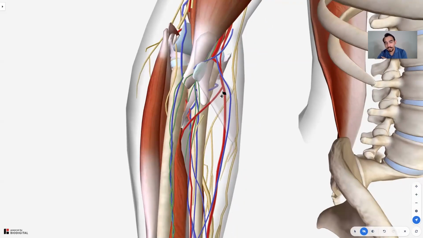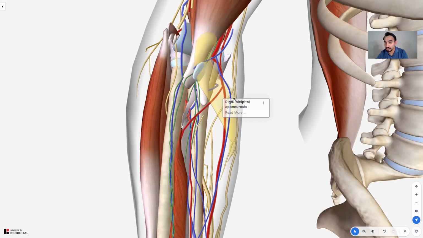But there is something called the bicipital aponeurosis, which also goes towards the ulna. This one that you see here is the bicipital aponeurosis, fibrous tissue that comes out from the distal part of biceps and goes down.